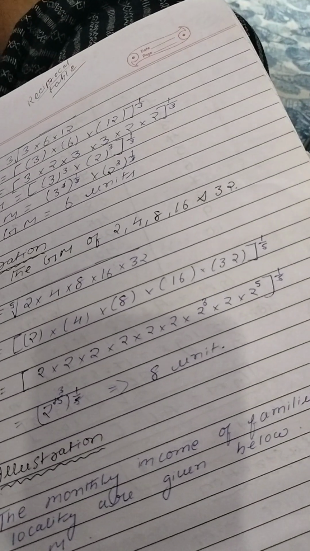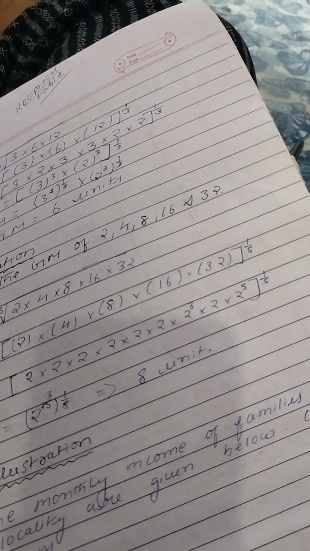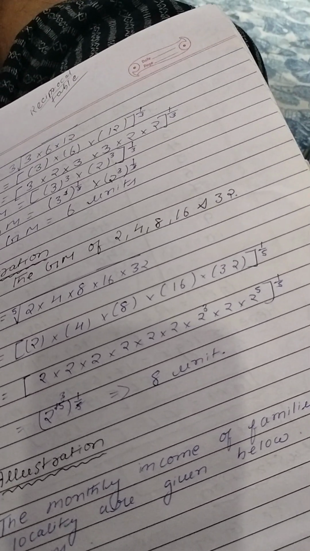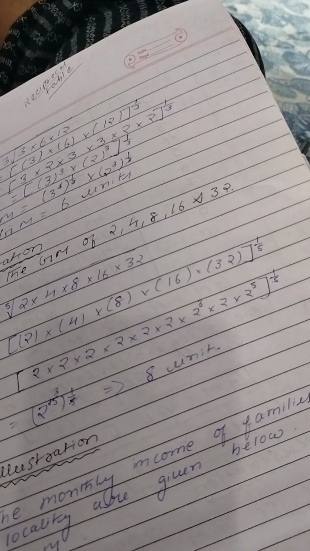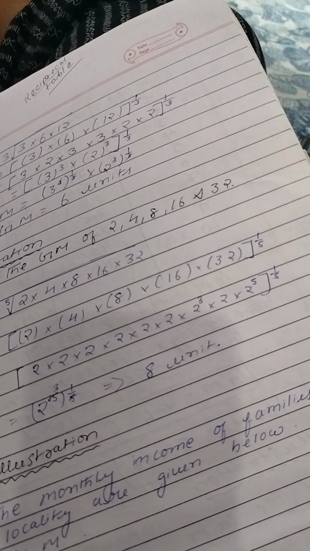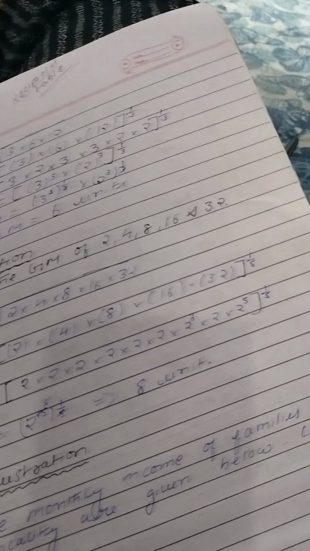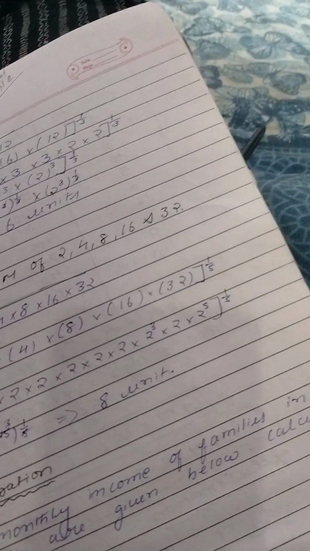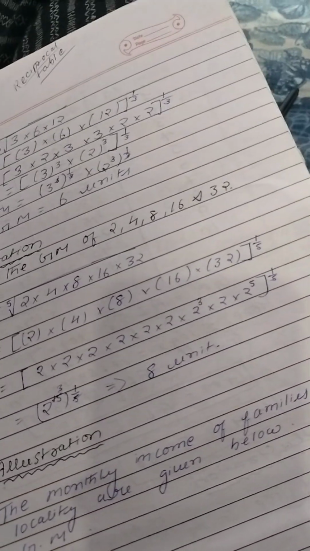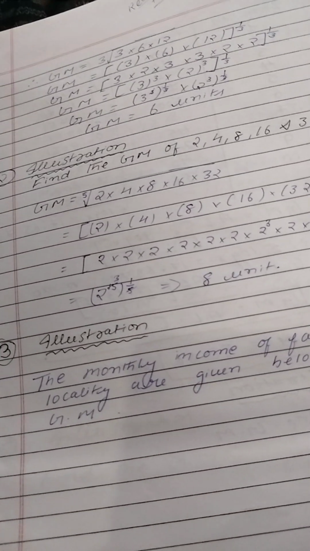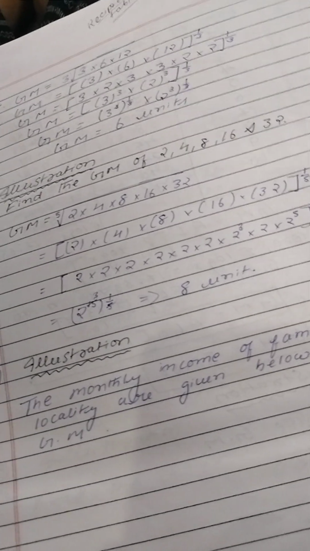So 1 plus 2 is 3, then 8 is 2 cubed, so 3 plus 3 is 6, then 16 is 2 to the power 4, so 6 plus 4 is 10, and 32 is 2 to the power 5, so 15 will be the answer. And the outer power 1 by 5 is there, so 15 divided by 5 is 3, and 2 to the power 3 is 8. So 8 units is the answer.